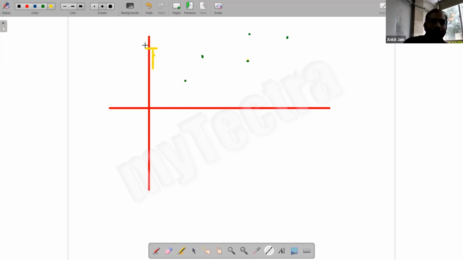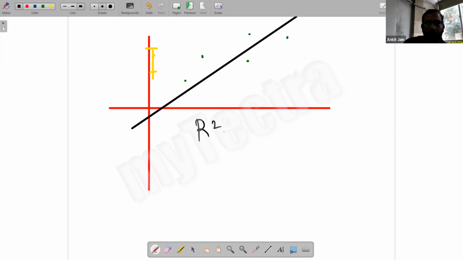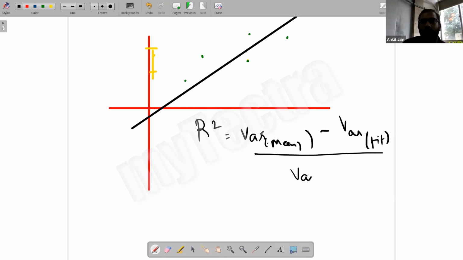So now you are basically calculating your variance from this point for all the points, and you now have the regression line. So R square is basically giving you statistically how good your model is, or the other way to think about it is, how have you reduced the variance which was there in the mean by fitting a line or fitting a curve? It may be a polynomial regression or something. Are you all getting what I'm saying?